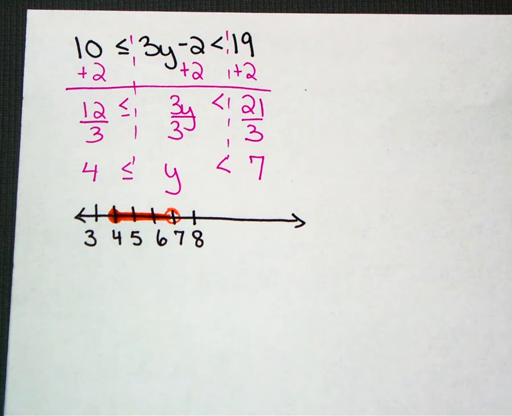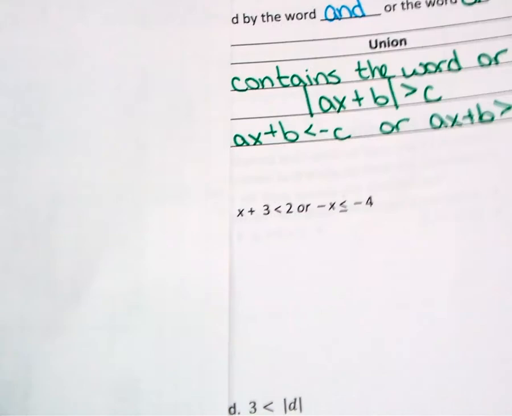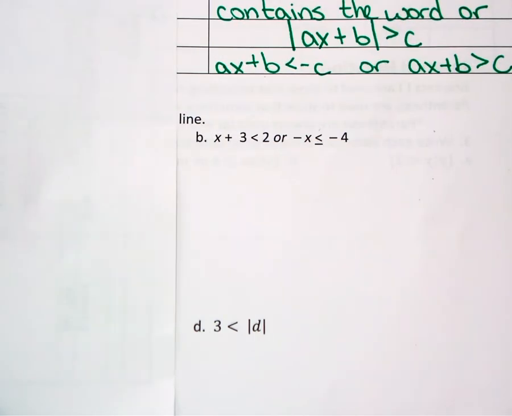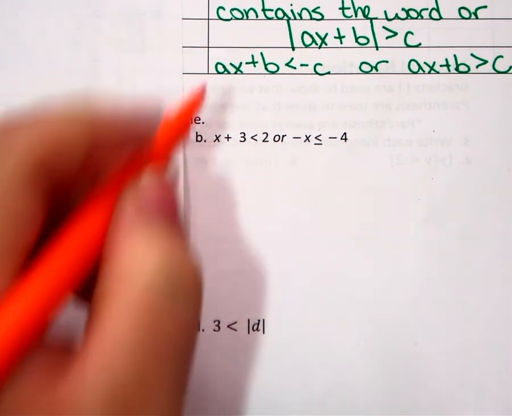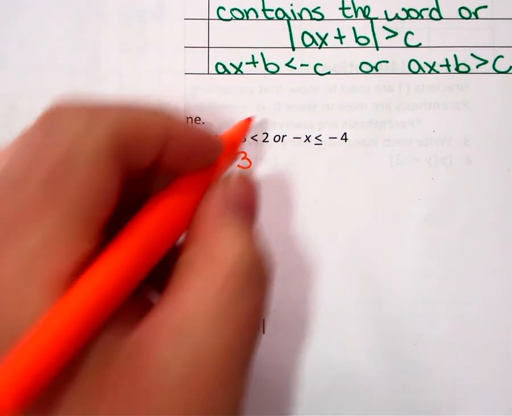Let's take a look at an OR problem. This OR problem has broken it up into two separate inequalities for me. So when I solve this, I will solve the two separate inequalities on their own as well. Focusing on the left inequality, we're going to subtract 3 from both sides.